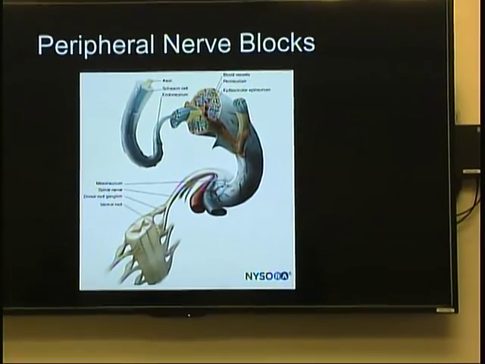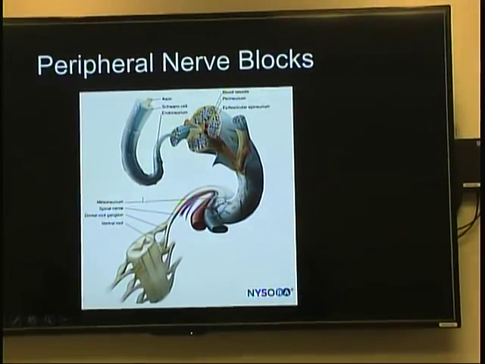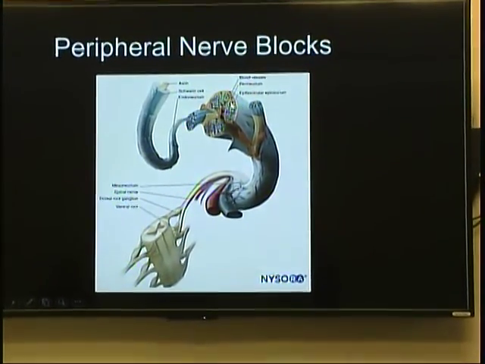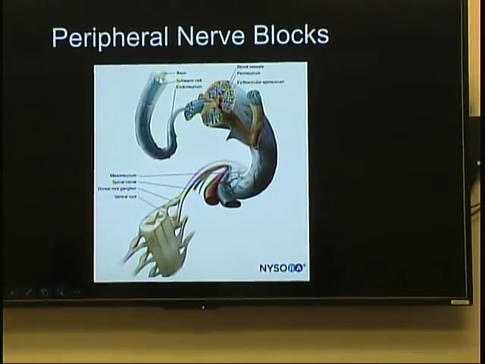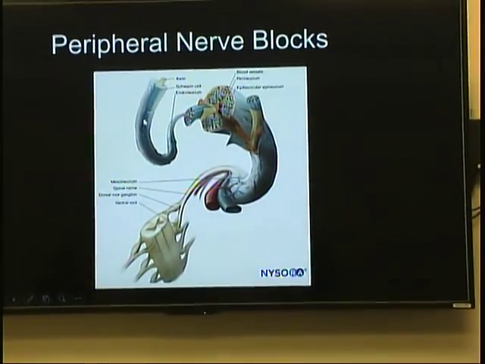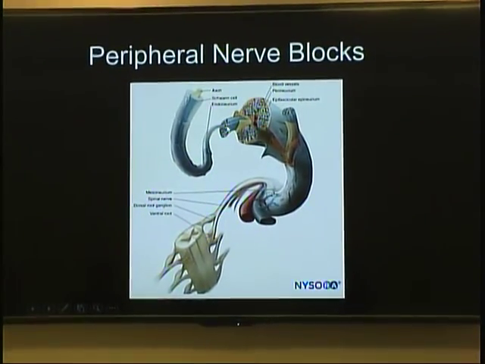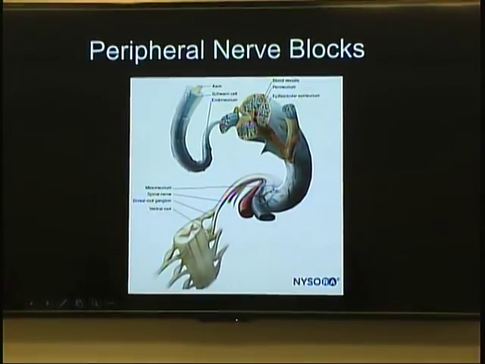We'll get into more specifics, but just coming off your spine, you have the nerve, and then going down to the microscopic level, you have your axons and dendrites, and then surrounding that you have the endoneurium, and these all bundle together in fascicles.